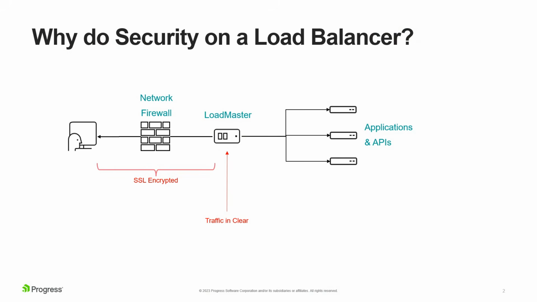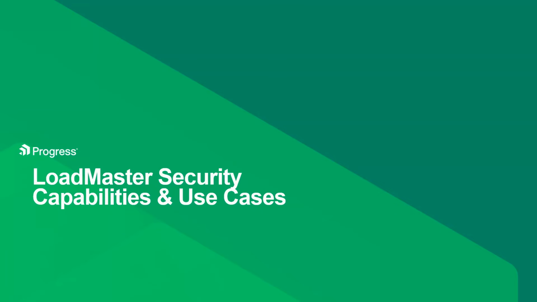So what we'll do is have a look through the capabilities and some of the use cases and how these can be applied to API and application security. Again, this is just looking at some of the features, and I'll tie all of that together at the end, looking at how they all come together in the various use case scenarios.